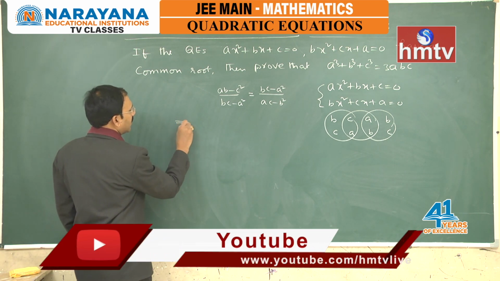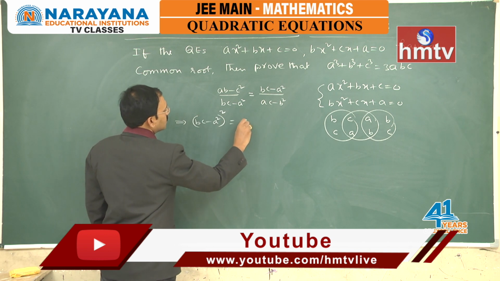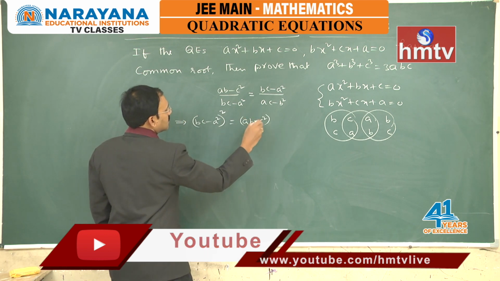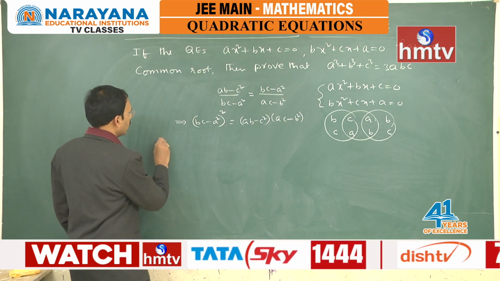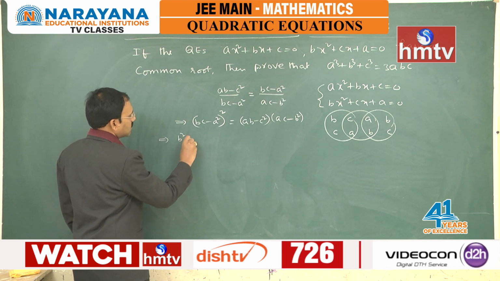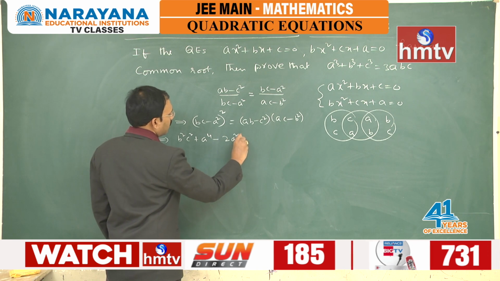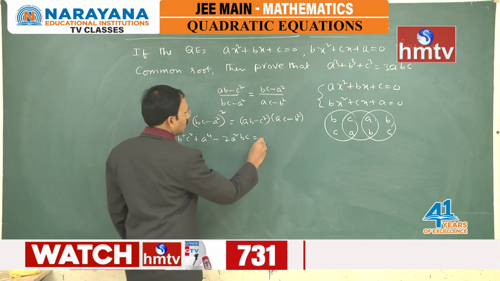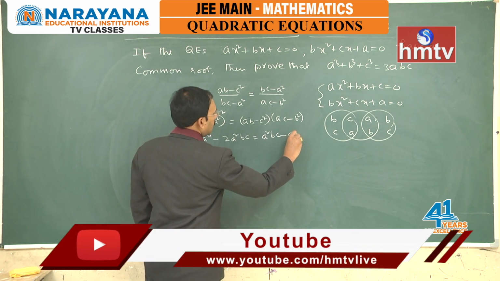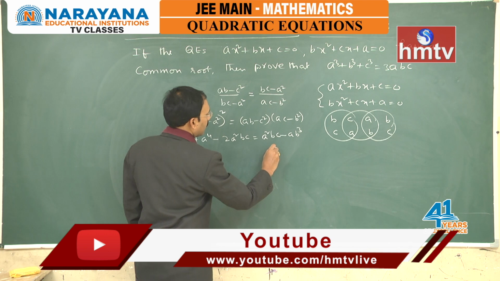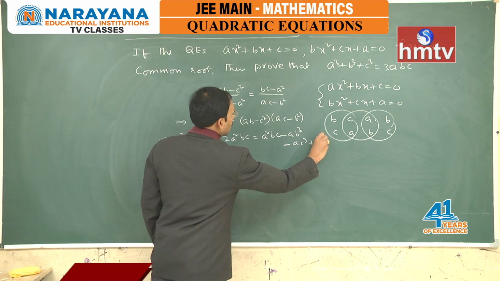Now, you just cross multiply: bc minus a square whole square is equal to ab minus c square into ac minus b square. Now, if you expand, b square c square plus a power 4 minus 2a square bc is equal to a square bc minus ab cube minus ac cube plus b square c square.